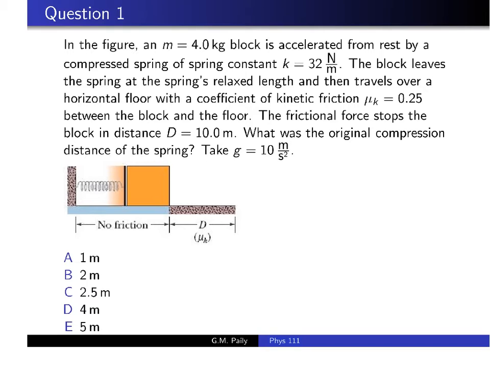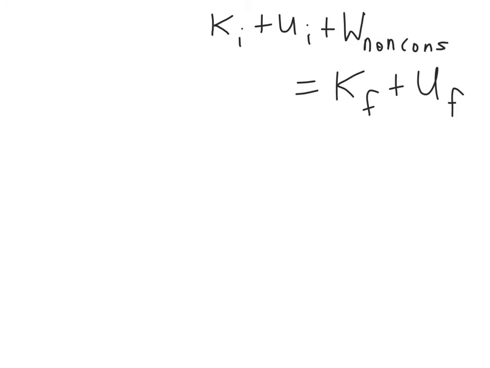All right, so in this case there are no external forces doing work, but we do have non-conservative forces like friction doing work. So let us set up the energy conservation like this. We have K initial plus U initial plus the work done by friction is equal to K final plus U final.